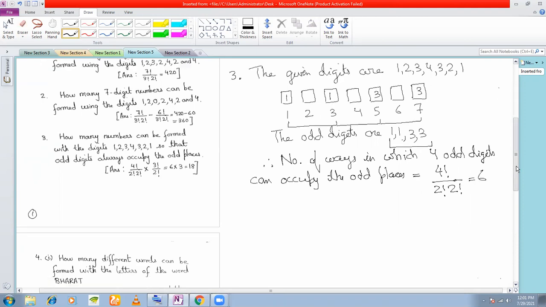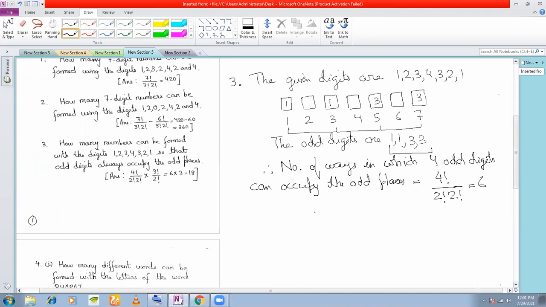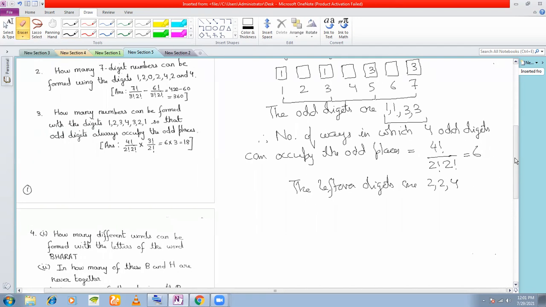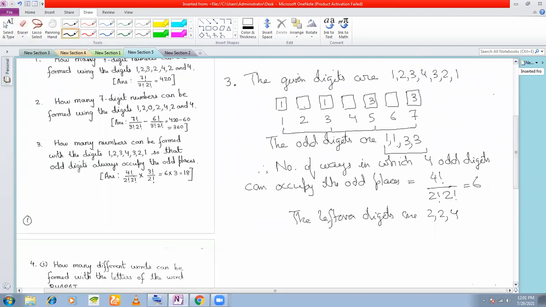Okay. Next, what are the digits that are left? The leftover digits are 2, 2, 4. What else? Anything else left? No, only 3 digits left, right? Yes. Okay. How many places left? This place is left. This place is left. This place is left. 3 places.